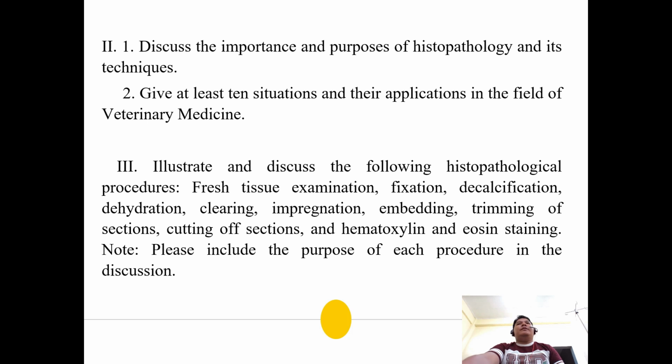Number two, discuss the importance and purposes of histopathology and its techniques, and then give at least 10 situations and their applications in the field of veterinary medicine.